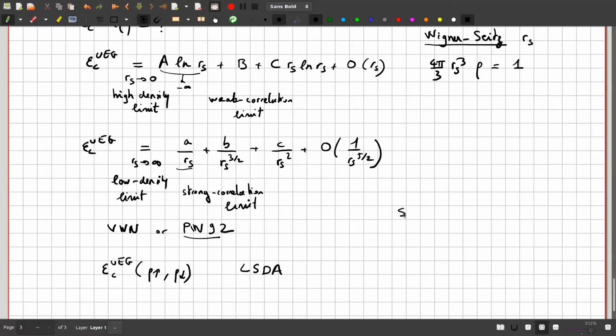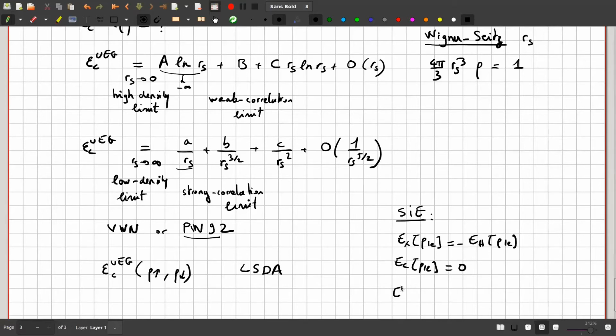Okay, so self-interaction error. It means that, for example, for one electron densities, the exchange energy must compensate exactly the Hartree energy, and the correlation must be 0.